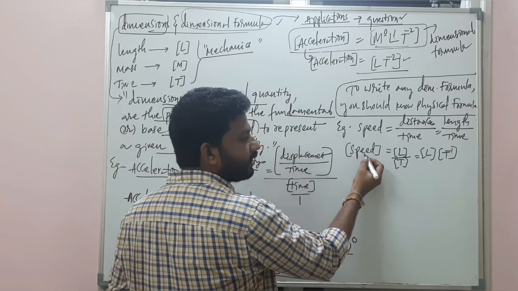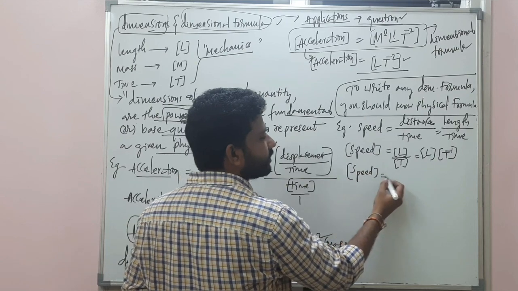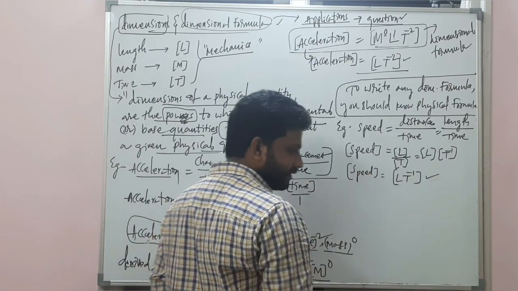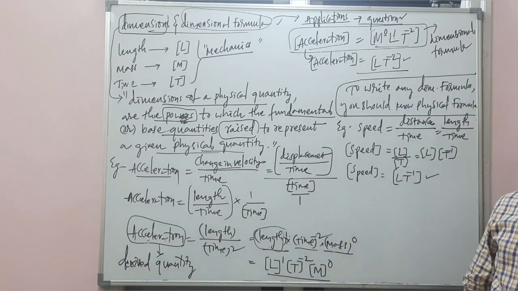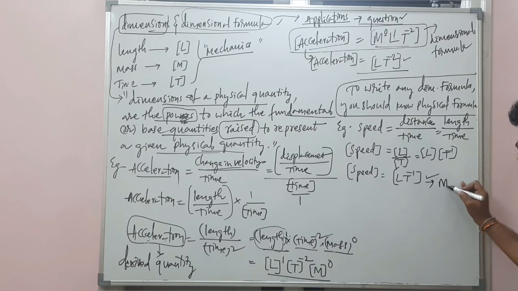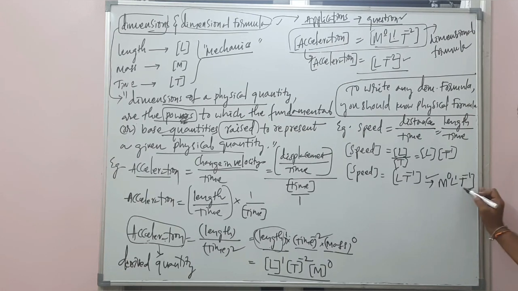So finally, the dimensions of speed are L T minus 1. This is the dimensional formula of speed. I have not included mass here. If you want to include the mass, it will be M0 L1 T minus 1. That is also correct.